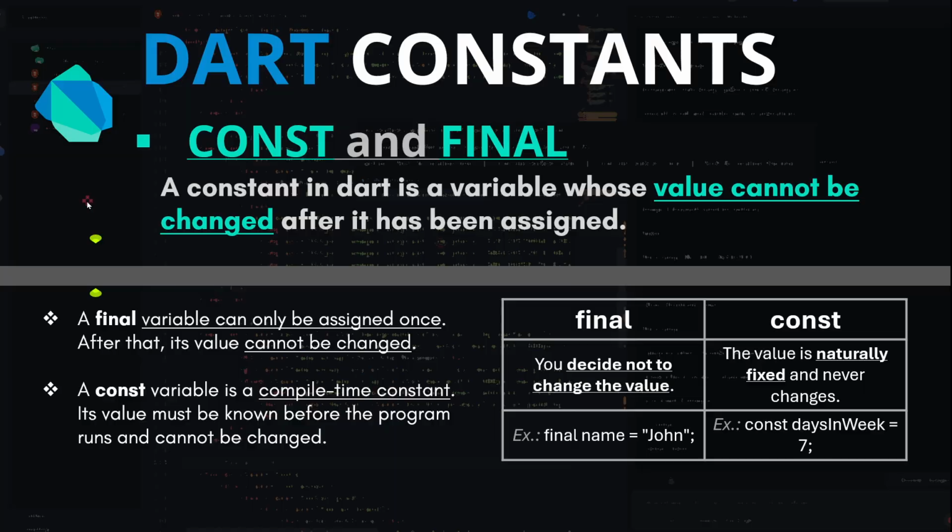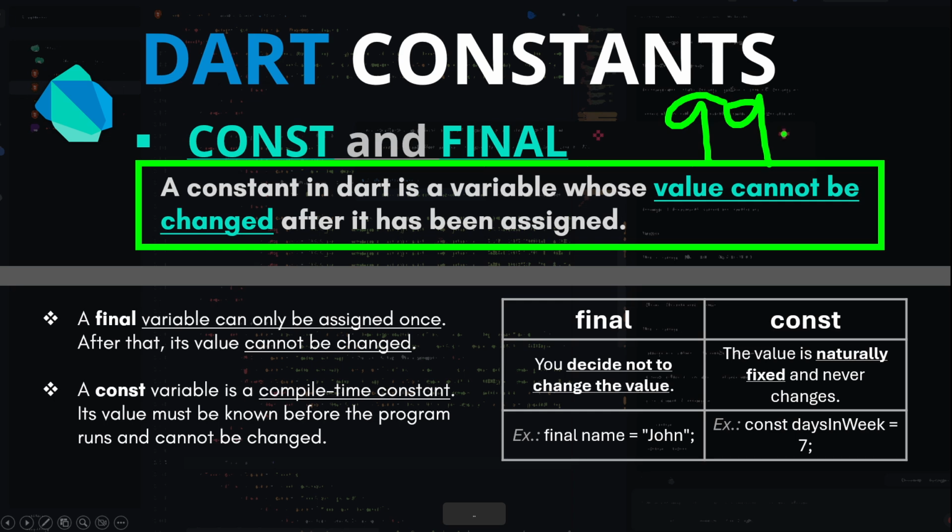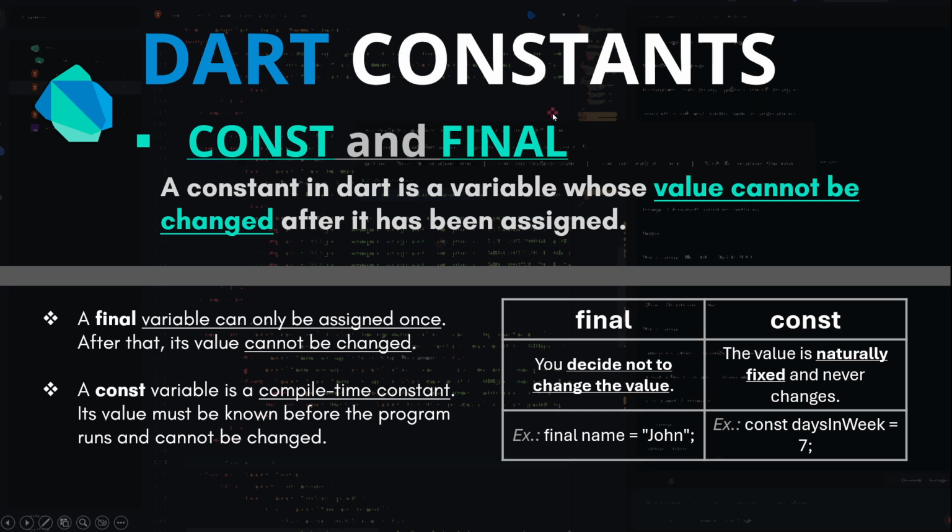So this is where we now have const and final in Dart. Const and final are just variables whose value cannot be changed after they have been assigned. Both of them are like 99% the same thing. You can use either const or final, whichever pleases you, but there are just a few differences between them.